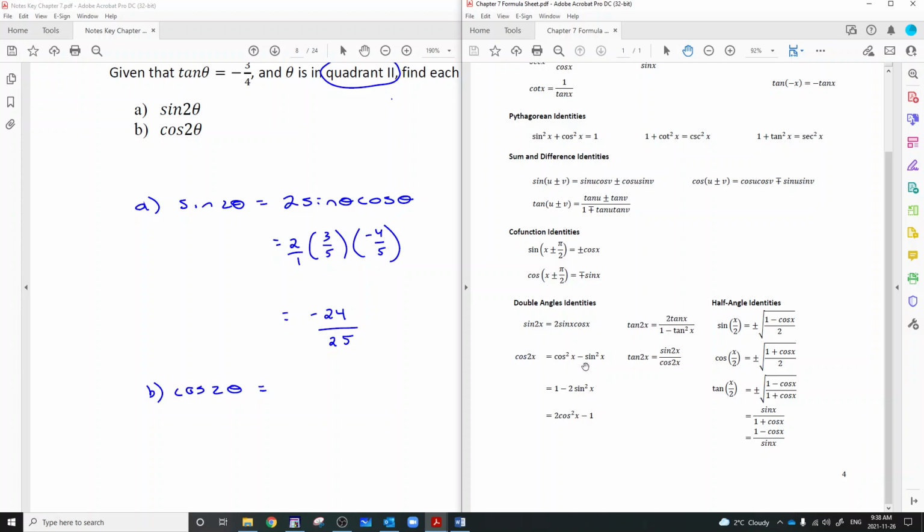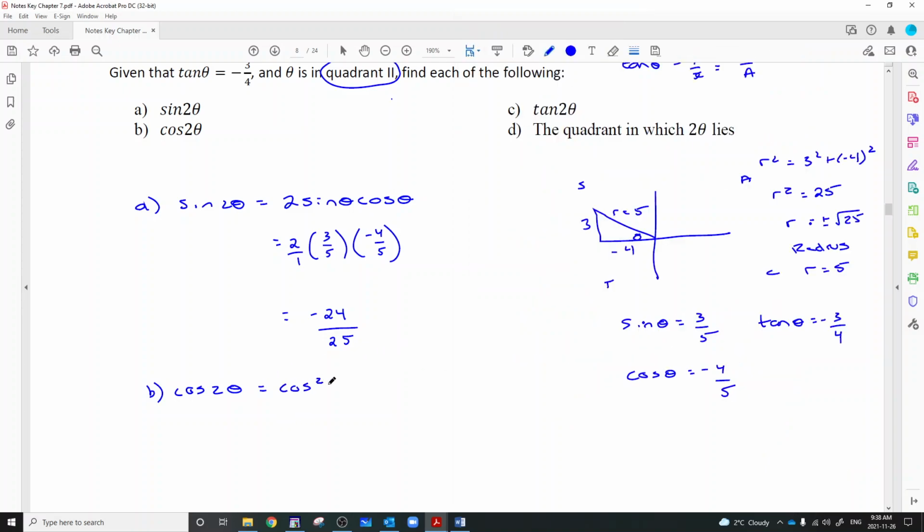They will all give you the same answer. Now, I'm going to choose the first one because I know if I choose it, I'm going to end up with a common denominator. So I'm going to use cos squared x minus sine squared x. So cos squared theta, I should say, minus sine squared theta. Now I can replace the cos theta with -4/5.